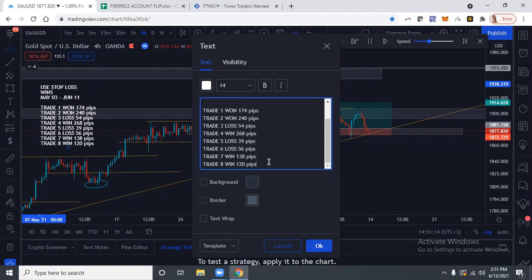two losses. So if I'm to calculate our wins and our losses in terms of pips, again, hypothetical.